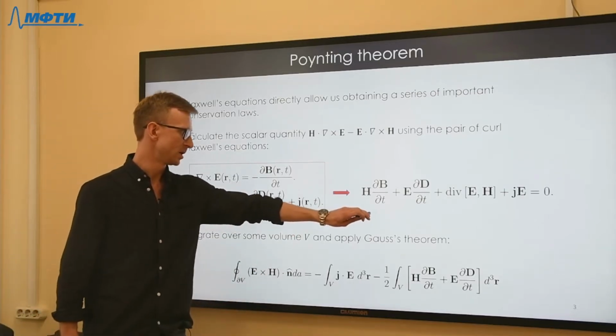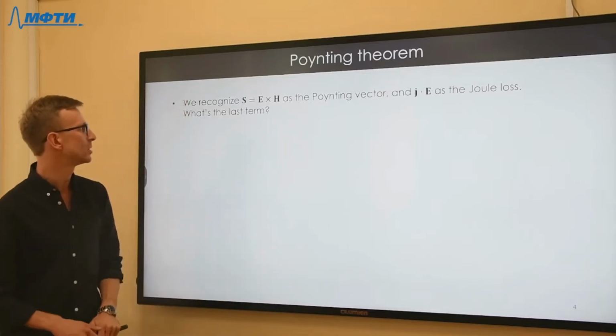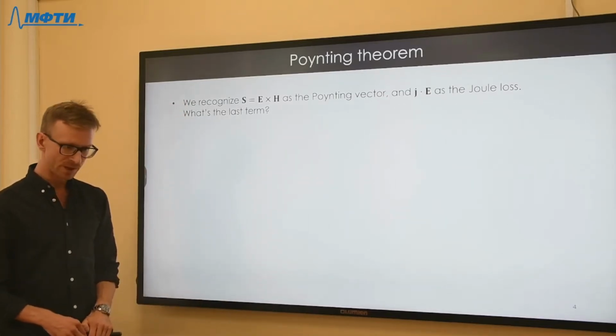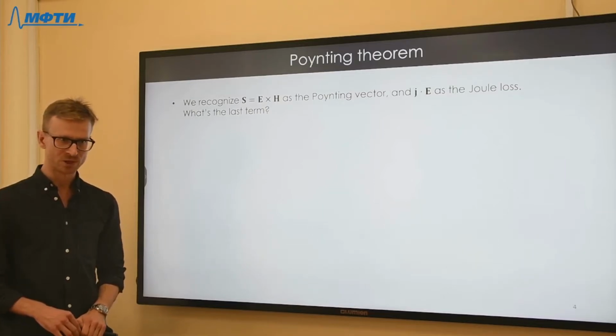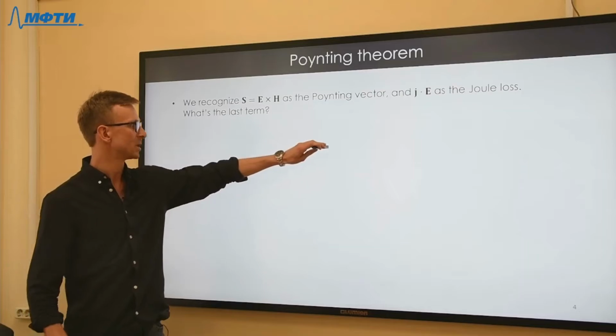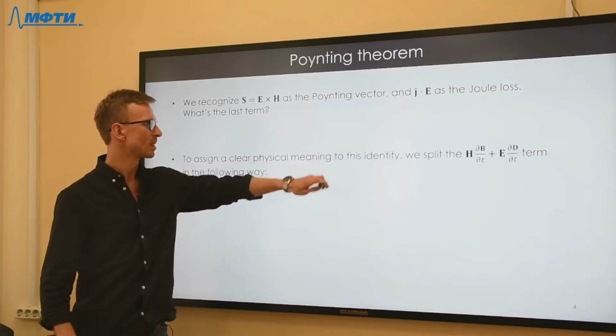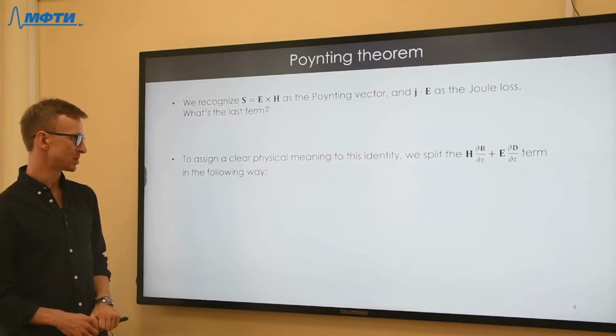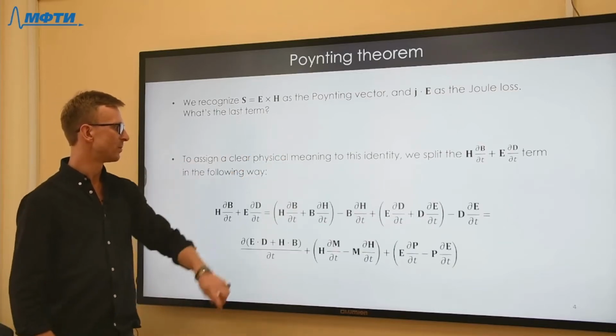And the following couple steps are going to be a bit sketchy, and probably you have done the steps already in classical electromagnetics lectures, but let me just quickly go with you through these steps. So to transform this weird term, we expand it in the following way.